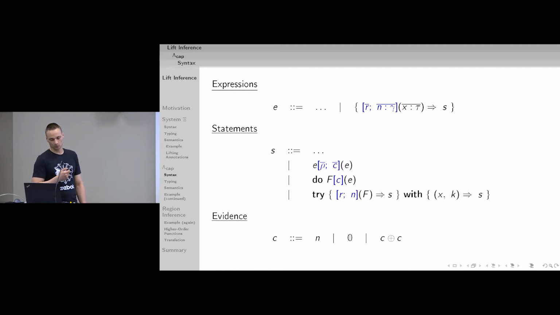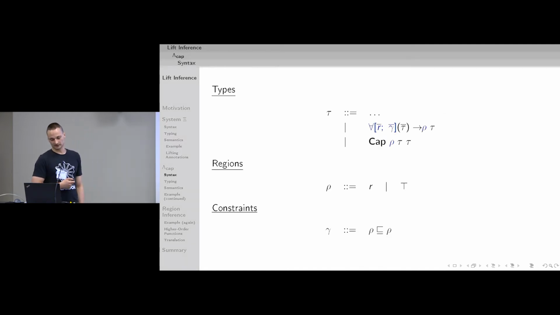So what does evidence look like? Well, it is either a variable, or trivial evidence that any region is a subregion of itself, or it's just a composition of evidence. This is also reflected in the types. We can here abstract over regions and evidence. And we also see that any function has an annotation in which region it will run, and the same for capabilities.